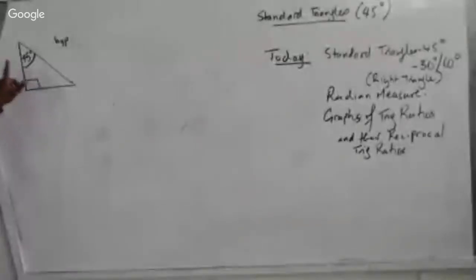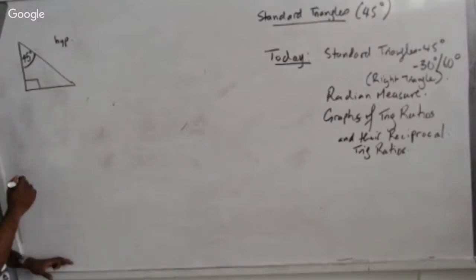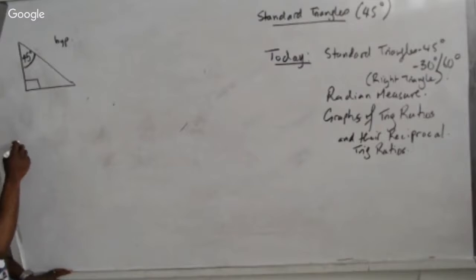Yeah, but I never told you that they are equal. What do you know about angles in a triangle? They all add to 180 degrees, right? So angles in a triangle add to 180 degrees.